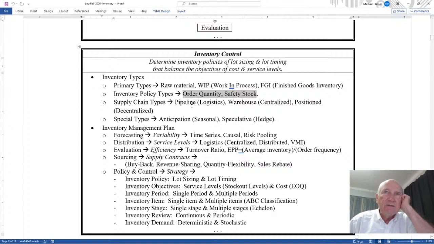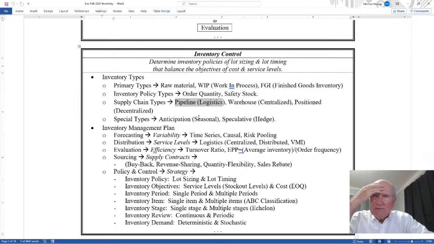Okay, supply chain types of inventories. Pipeline inventory, logistics. In other words, in supply chains, you order something and it's going to be delivered, and sometimes, like in commodities, you're ordering something from another continent, and it'll take weeks or months to get here.